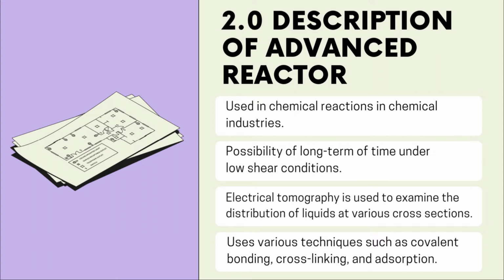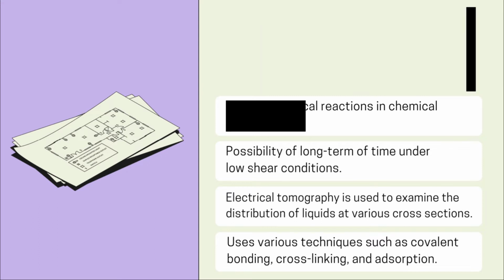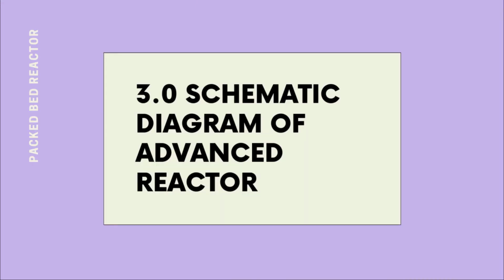Various techniques such as covalent bonding, cross-linking, and adsorption are commonly used. Because reactions in a packed bed bioreactor are heterogeneous, mass transfer in the system may play a significant role in determining reaction kinetics. Next part is the schematic diagram of the reactor.